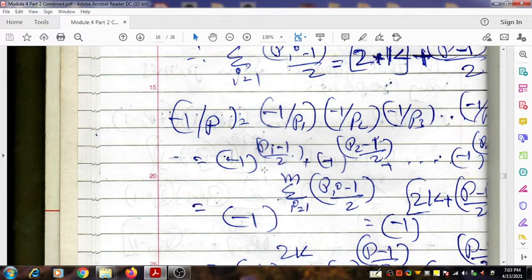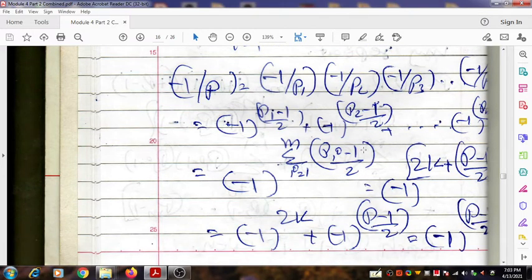So using that result, you can replace all the quantities by the corresponding powers and get minus 1 raised to (p1 minus 1) by 2 into minus 1 raised to (p2 minus 1) by 2 into etc. to minus 1 raised to (pm minus 1) by 2. Then you can combine this product and write minus 1 raised to the summation from i equal to 1 to m of (pi minus 1) divided by 2.